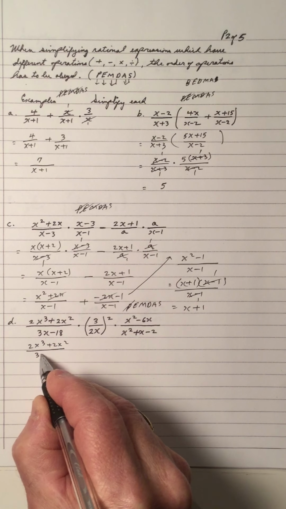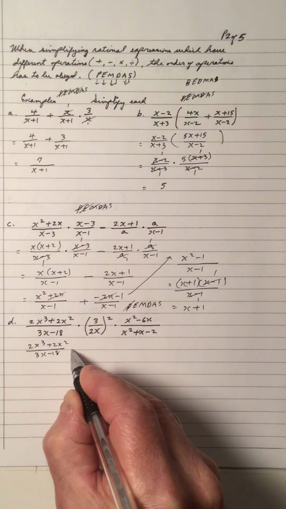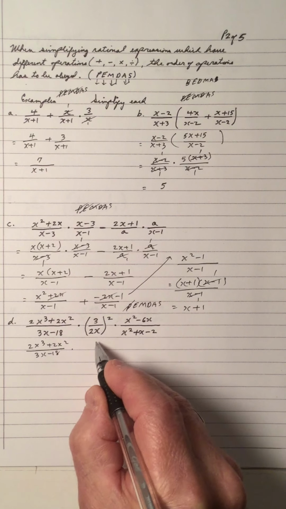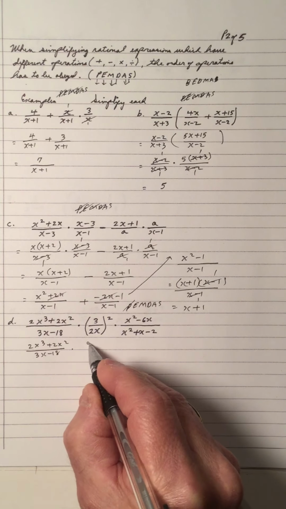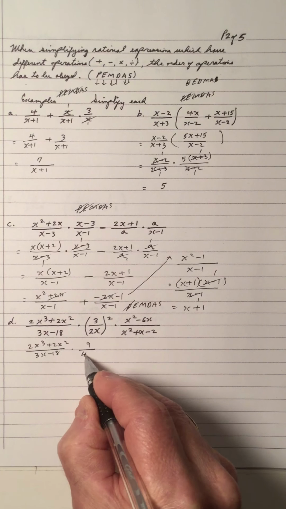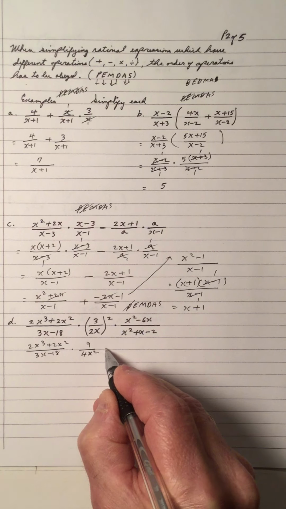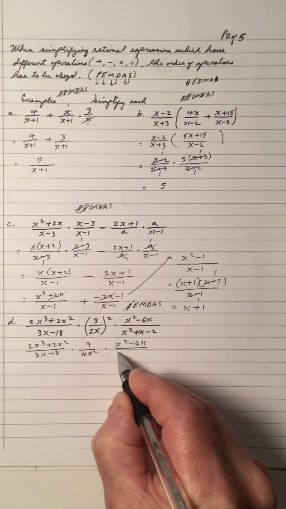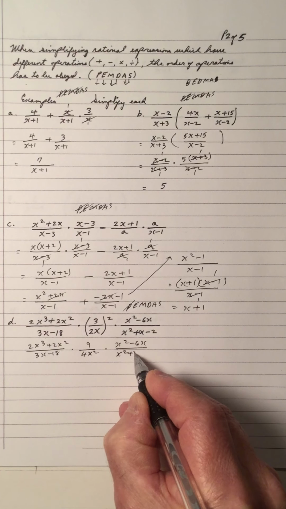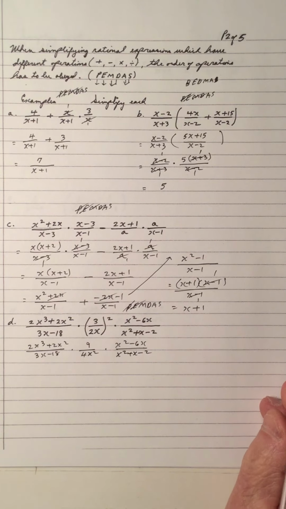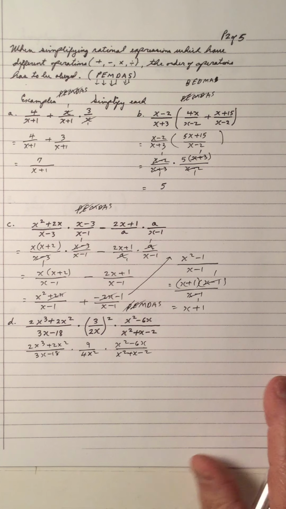So write this down. 3 over 2x, squared, is 3 times 3 is 9. 2x times 2x is 4x squared. So I have the exponent done. Now I've got to do multiplication and division from left to right.